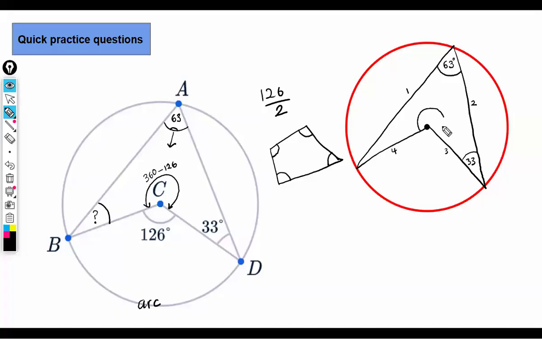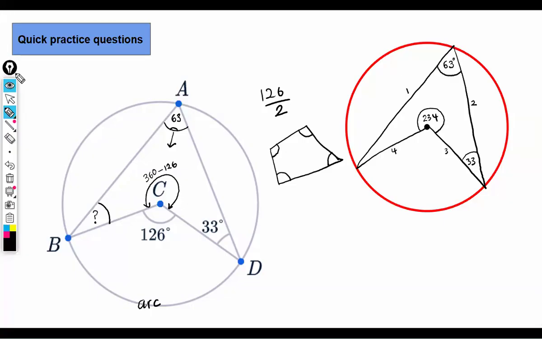You think you all can calculate this inside huge angle for me? The outside part is 126. What's the inside part? Well, I kind of put the calculation there. Use a calculator. 360 minus 126. Anybody else getting 234?